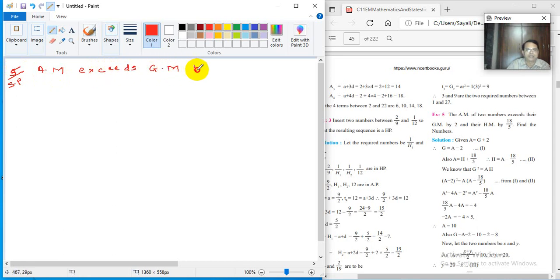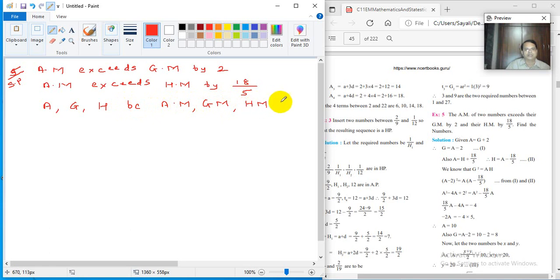जॉमेट्रिक मीन बाय 2 असं दिलेलं आहे तुम्हाला. ओके. अँड हार्मोनिक मीन बाय 18/5. सो ऑल्सो व्हॉट इज गिवन, arithmetic mean exceeds harmonic mean by 18/5 असं आपल्याला दिलेलं आहे. म्हणजेच काय दिलेलं आहे, समजा मी अरिथमॅटिक मीन जनरली आपण a घेतो, जॉमेट्रिक मीन हा g घेतो आणि हार्मोनिक मीन हा h घेतो. सो a, g, h are arithmetic mean, geometric mean, harmonic mean respectively.